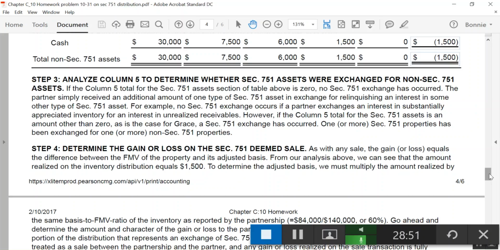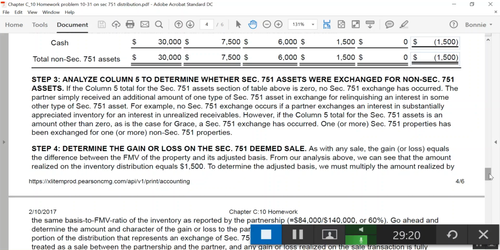And the next thing that we're going to do is determine the gain or loss on the 751 deemed sale. So whenever you're determining what the gain or loss is on any kind of sale, you need to know the difference between the fair market value of the property received versus the adjusted basis of the property given up.